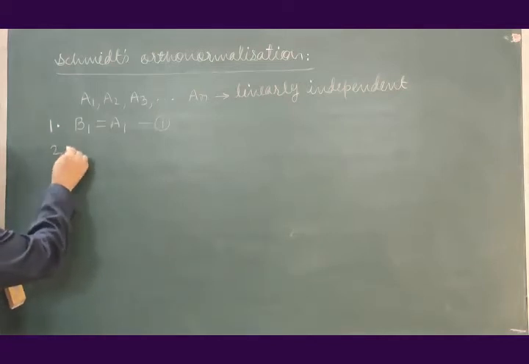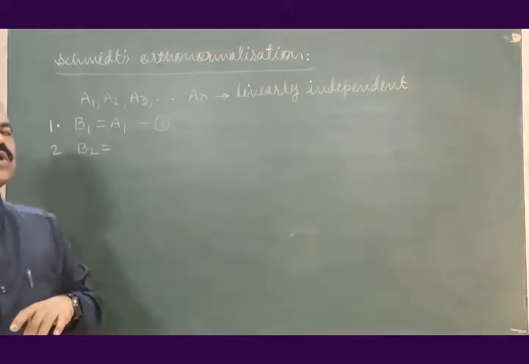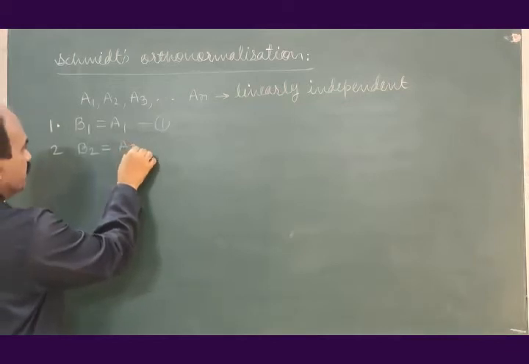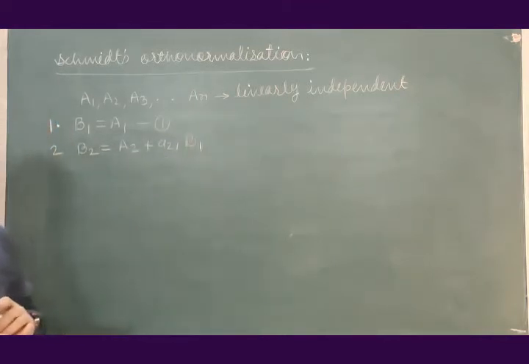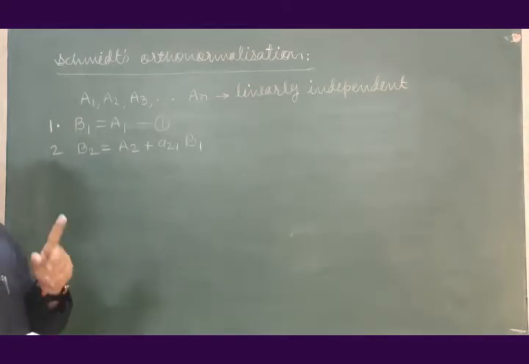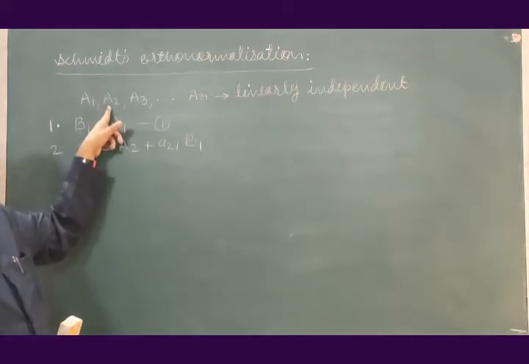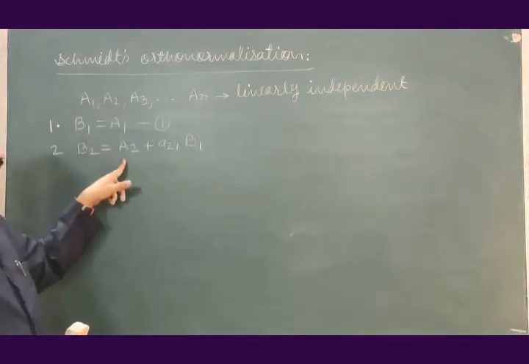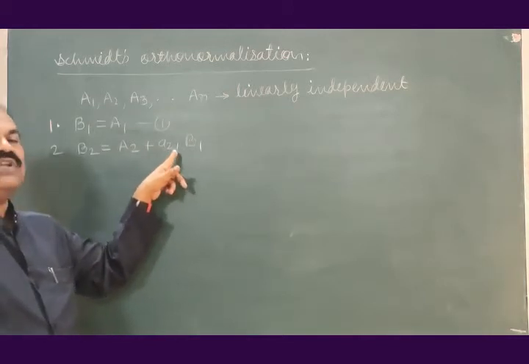In the second step, we will obtain the second orthogonal or orthonormal vector, and it will be given by b2 is equal to a2 plus a21 b1. a2 is known, b1 is known because b1 is taken equal to a1, but a21 is not known.